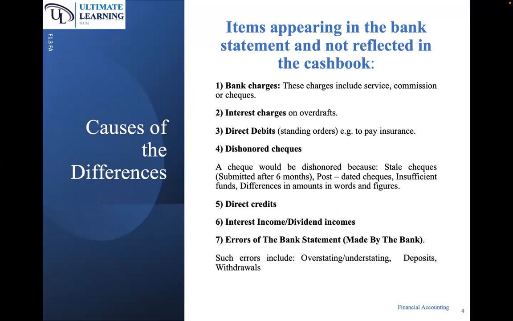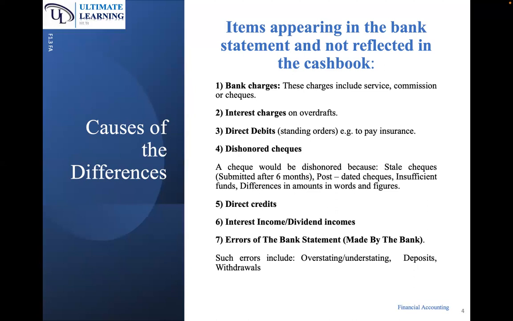So the bank will be making deductions in our accounts regularly by debiting our accounts. Because when the bank is making a deduction, they debit our account in the bank. That's why it's called a direct debit. Sometimes these deductions are done, yet we are not aware of it. So in that case, it's reflected in the bank statement, but it's not reflected in the cash book.